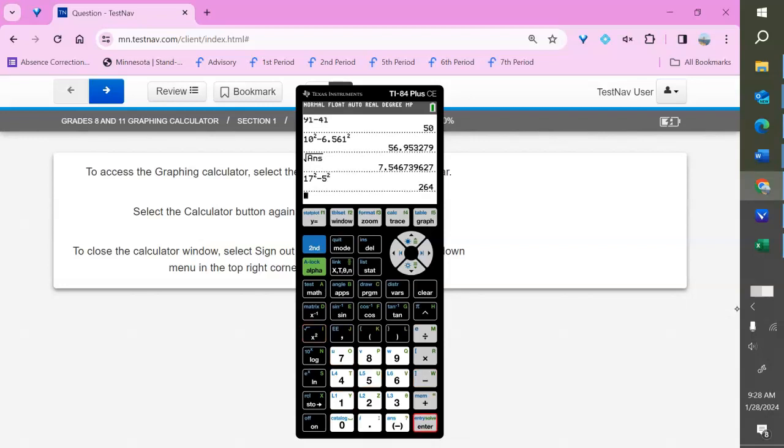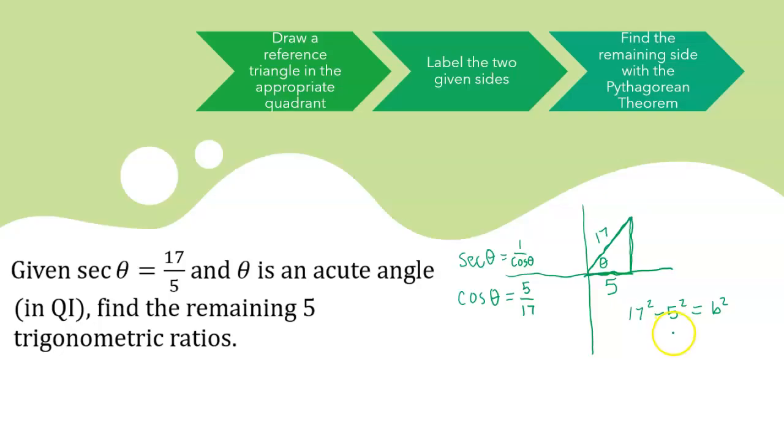And then I need to take the square root of that answer, 16.248. And so that means that tangent of theta is opposite over adjacent, so 16.248 over 5.